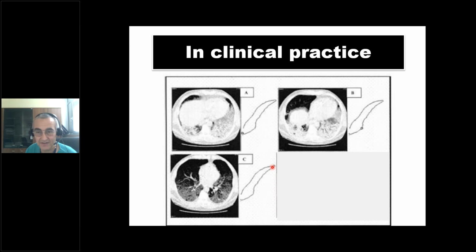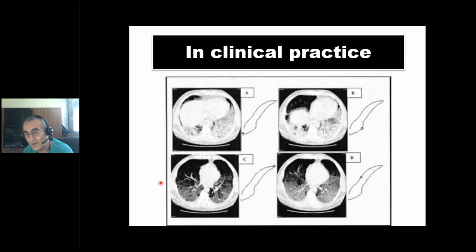Vital capacity. Let's say 40 centimeters of water of pressure. And you see full recruitment of those lungs. And then, be careful now, we go back to the pressure of point B, but following the recruitment maneuver.